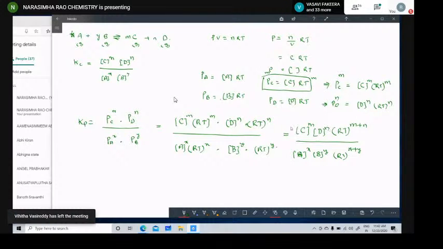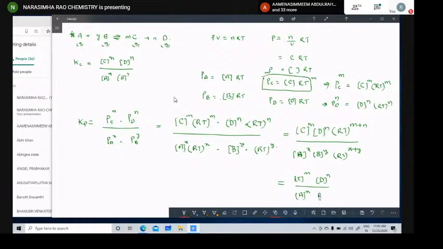Now the active mass part is active mass of C whole power m, active mass of D whole power n upon active mass of A power x, active mass of B power y, into RT whole power m plus n minus x plus y.